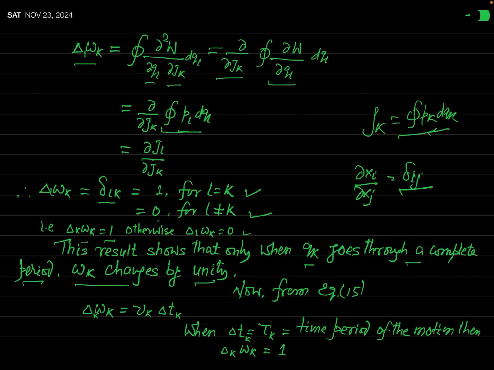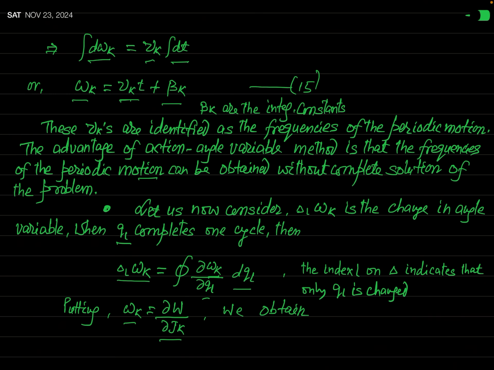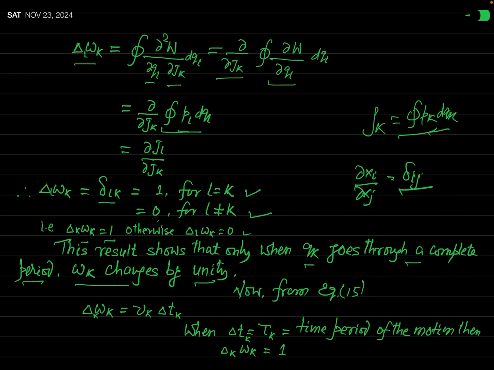And therefore, from this equation, omega k equal to nu k t plus beta k, if you find the change in omega k, since nu k and beta k are constant, the change in omega k will be equal to nu k times the change in t.